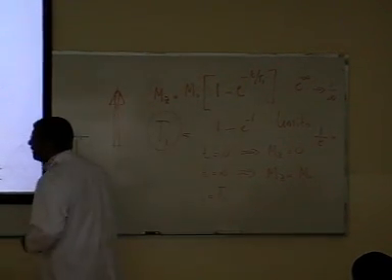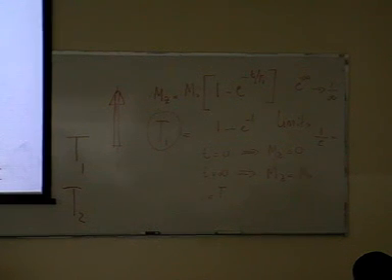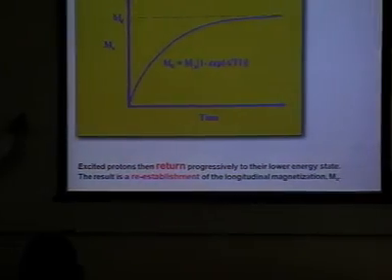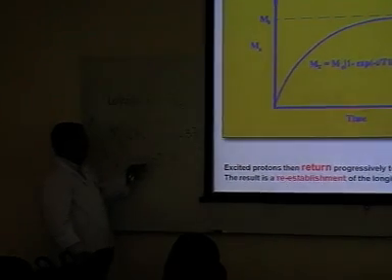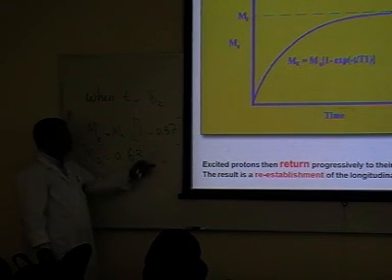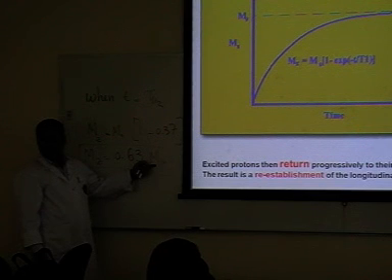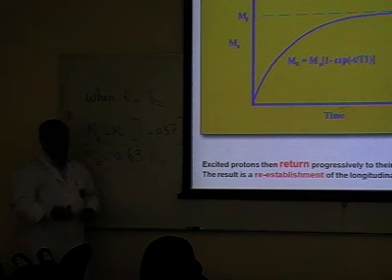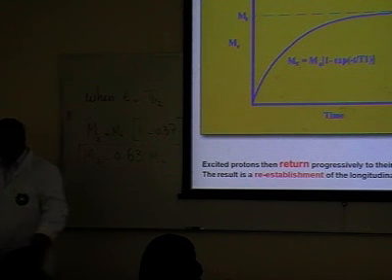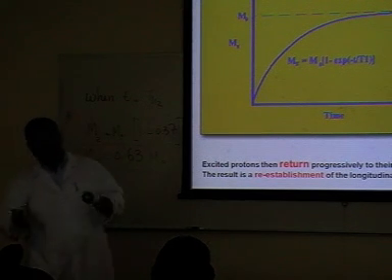That's right. See, you got it. So if you look here, when time t is equal to T1, the signal, or Mz, grows to 63% of its initial value. Did you get that? So the definition of T1, the relaxation time T1, is, can somebody give us a definition of it?